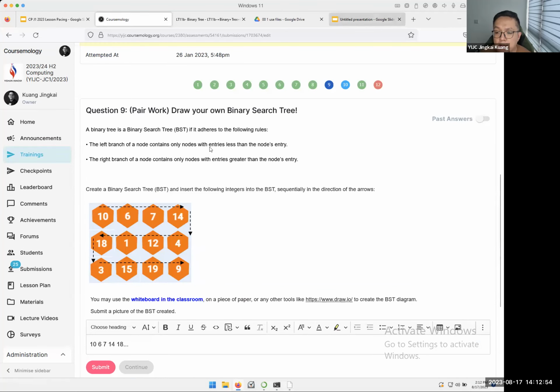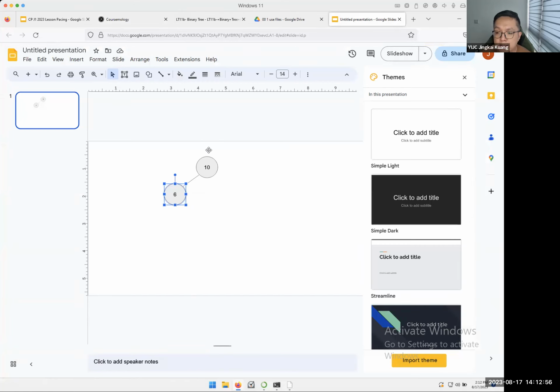So you want to put in, let's say, number 7. 7 is smaller than 10, so go left or right? Left hand side. So you come to 6. Then is 7 bigger or smaller? Bigger, so go right. Keep on going like that.